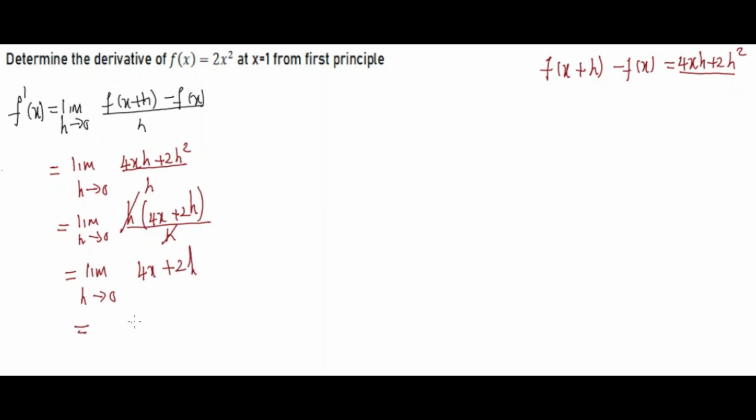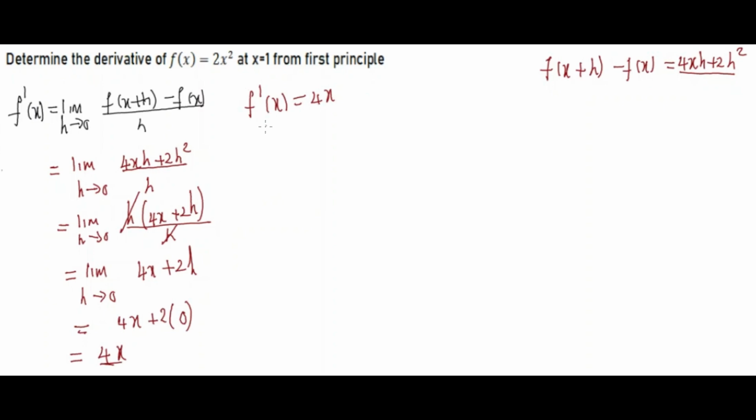So now you are allowed to substitute a 0. So you'll have 4x plus 2 times 0, which is of course 4x. So now our first derivative is equal to 4x.